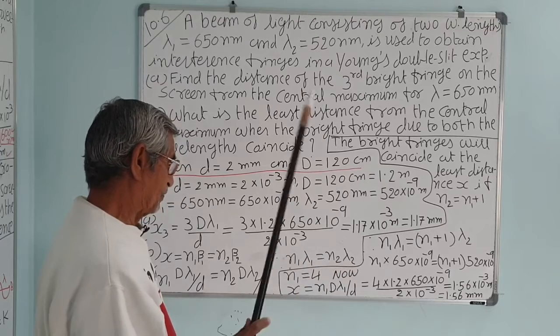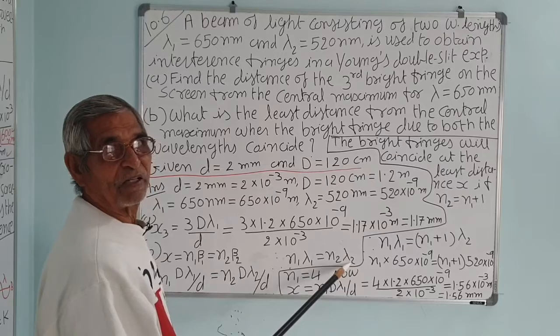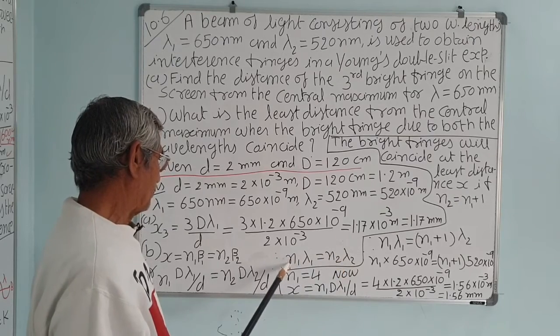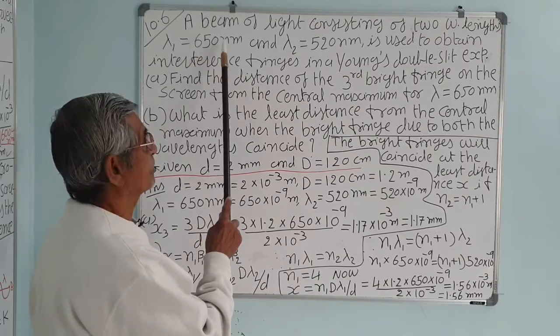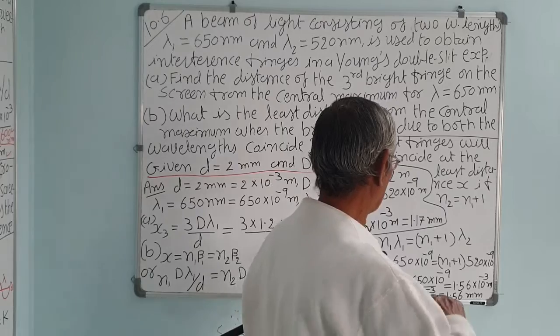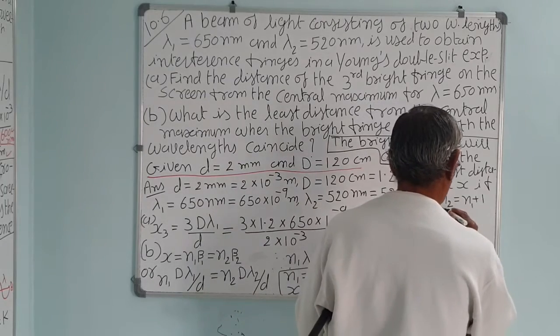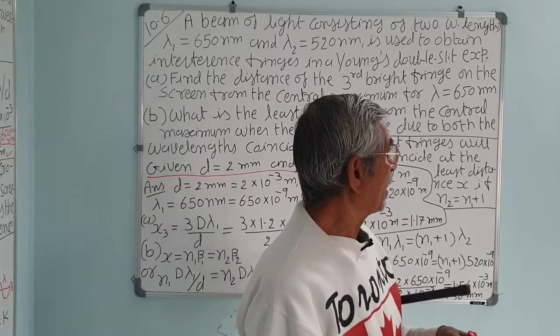So, the fifth fringe of the shorter wavelength 520 will coincide with the fourth bright fringe of the longer wavelength, 650 nanometer, correct. Because lambda is less, the number will be more. Otherwise I can show you on the diagram also.